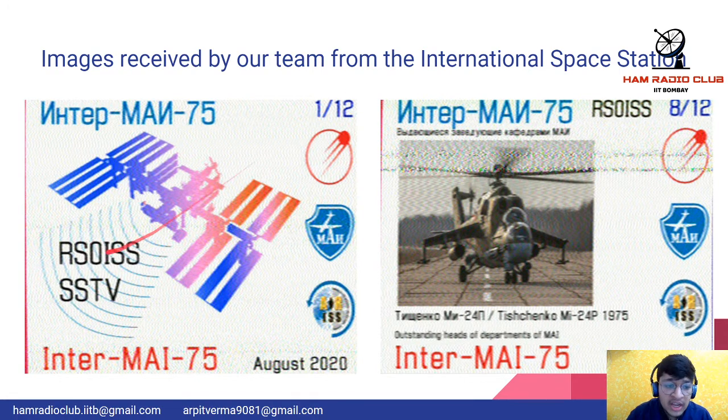The Russian astronauts, using this call sign, send these signals and we can decode them using some other software. This is used to interact with the ham radio community, and some people can also talk to the astronauts who are in space through this medium. This is called ARISS, Amateur Radio on the International Space Station. So this is what we received.